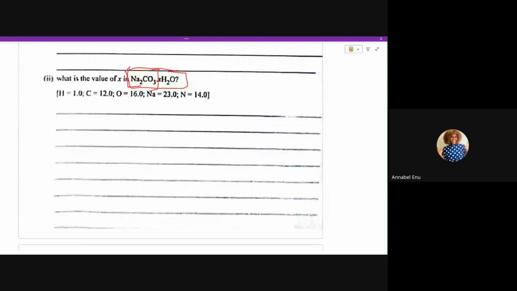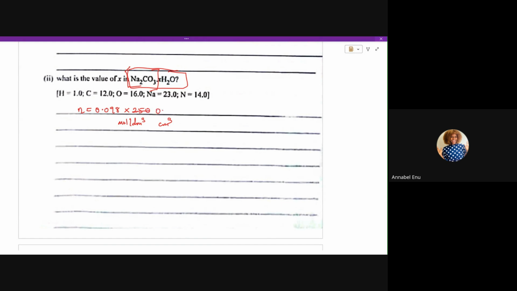So first off, we're going to look for the moles in 250 centimeters cube. The moles is going to be our concentration that we just calculated, which is 0.098 times our volume, which is 250 centimeters cube. But remember that this 0.098 is mole per dm cube, and our volume is in centimeters cube. There's a contradiction here. So for unity's sake, we're going to be converting our volume.